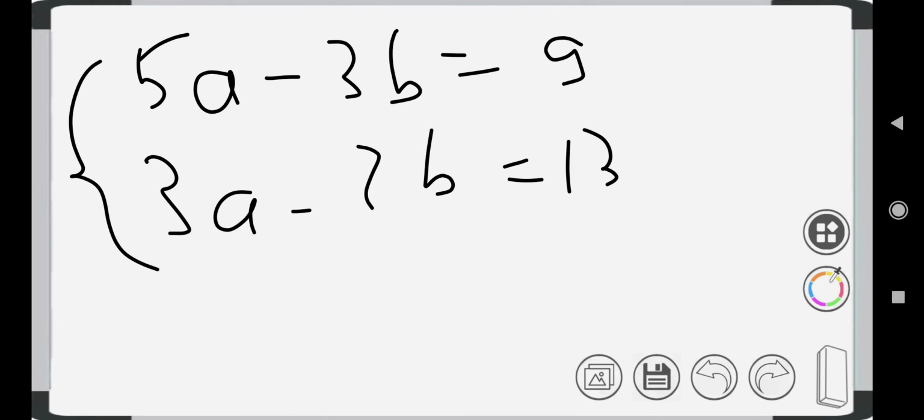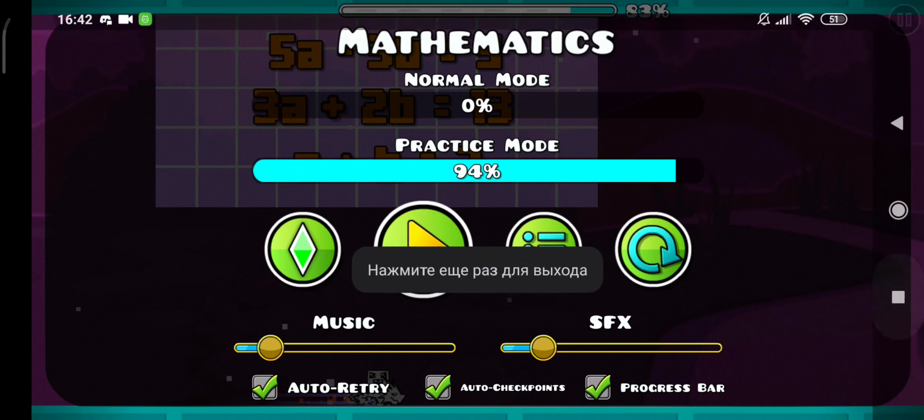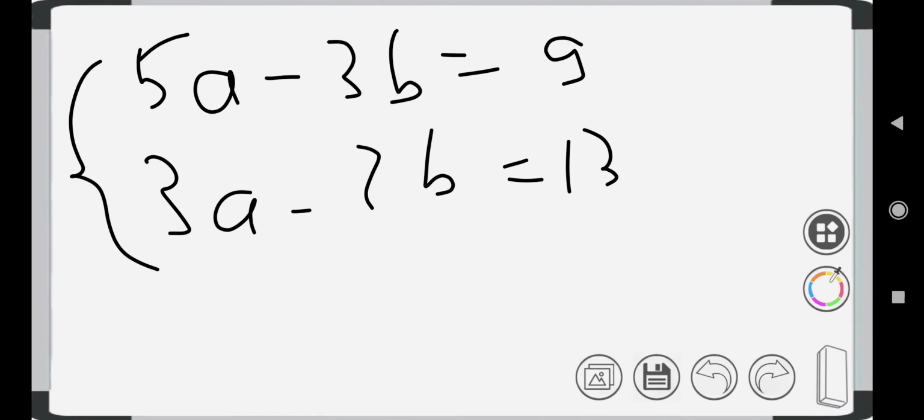So here is the system of equations: 5a minus 3b equals 9 and 3a plus 2b equals 13. Wait, did I do this right? Oh, wait a second, my bad. It is 3a plus 2b.